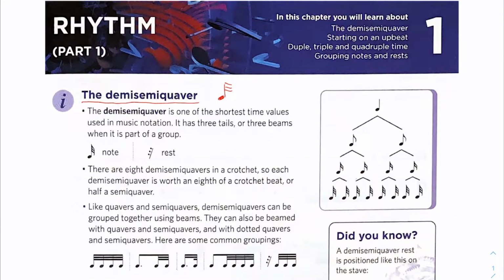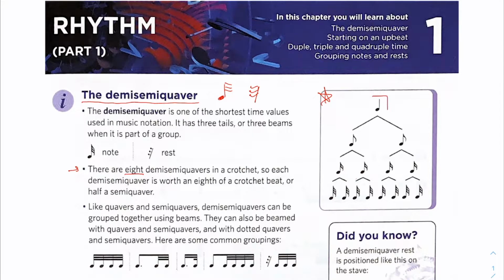And the demisemiquaver rest looks like this, with three of these to match the three tails. There are 8 demisemiquavers in a crotchet, so each demisemiquaver is worth 1/8 of a crotchet beat or half a semiquaver. Let's take a look at the box here on the right.